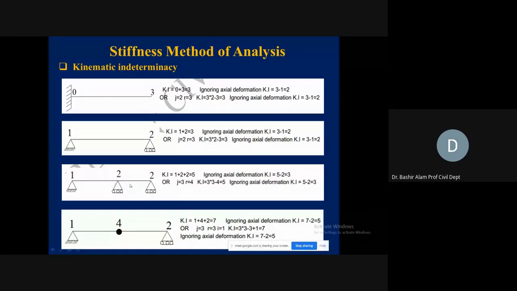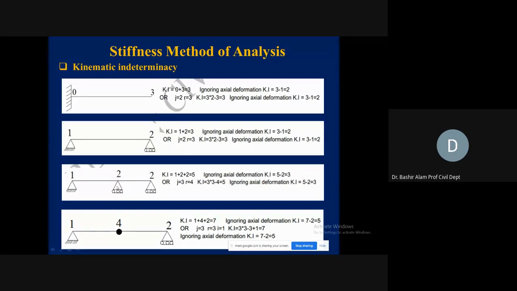Then we come to this 2-span problem. This has 2 spans and 3 supports. The left support is a hinge support, and then we have a roller support, then we have another roller support. Now if I look here, at the left support we have 1 degree of freedom, which is rotation.